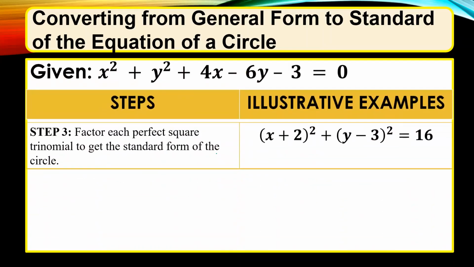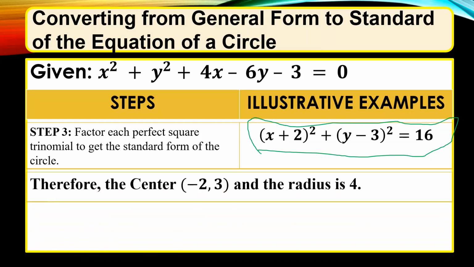We have already this one. So this is the standard form of the equation, that is (x + 2) squared plus (y − 3) squared equals 16. Here, we can already identify the center and the radius of the circle. What will be the center? Obviously, the center will be negative 2. Why?